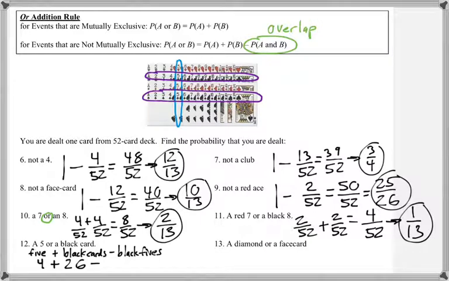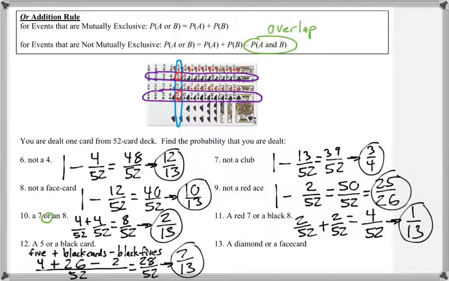So the overlap is these two right here. So we don't want to count them twice. So we need to subtract the overlap. And this is all over 52. So this is equal to 28 over 52, which reduces to 7 over 13.